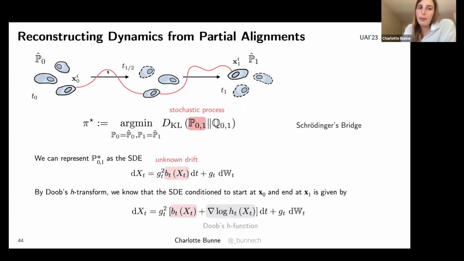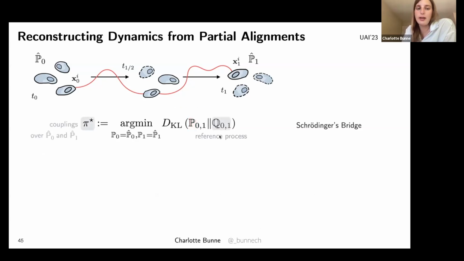But given that we now have partial alignments, we know using Doob's h-transform that an SDE conditioned to start at x0 and to end at x1, where we basically see the same barcode again, is given by the same SDE as before, just expanded with Doob's h-transform, which is this conditioning on the fact that we start at x0 and end at x1.